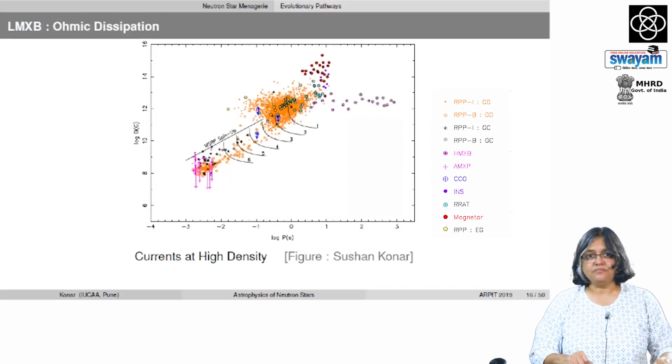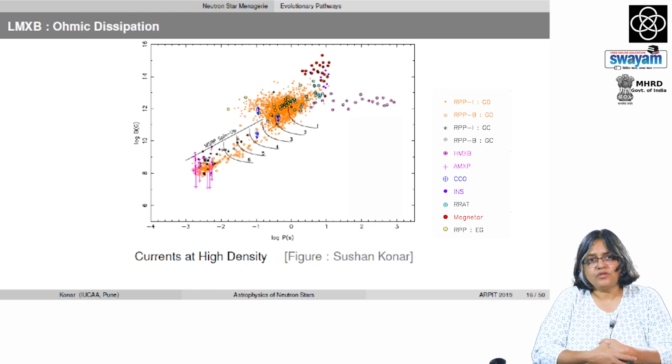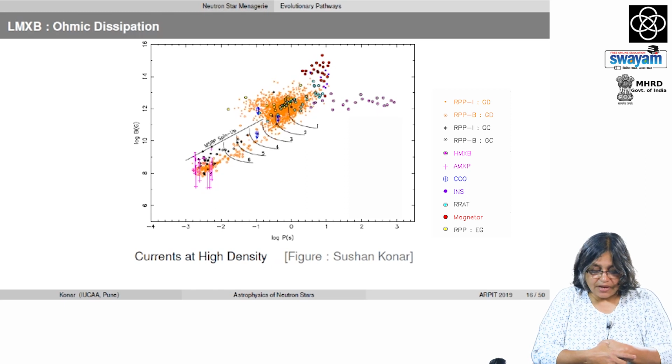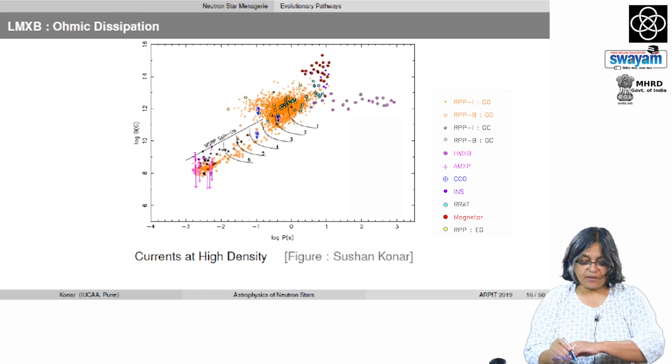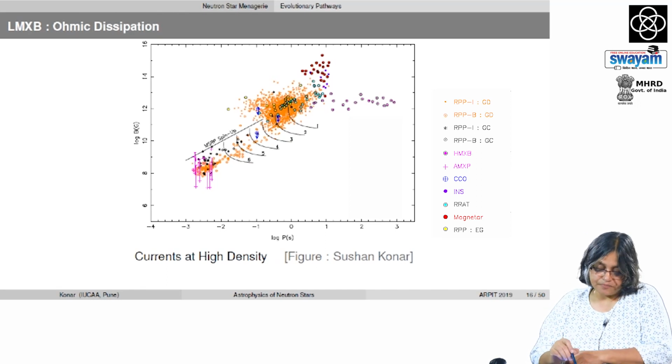Now, here is an example of the ohmic dissipation scenario in low mass X-ray binaries. What you see here is the same magnetic field spin period plane, where we have shown all the different classes of neutron stars, and these tracks basically show you the end product of LMXB evolution for a neutron star.